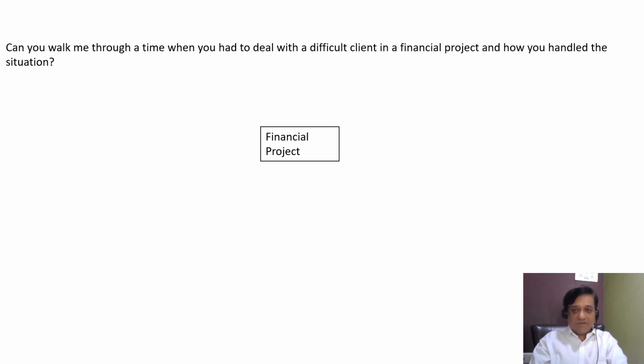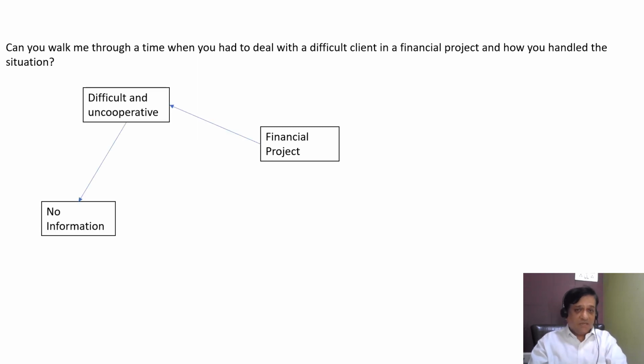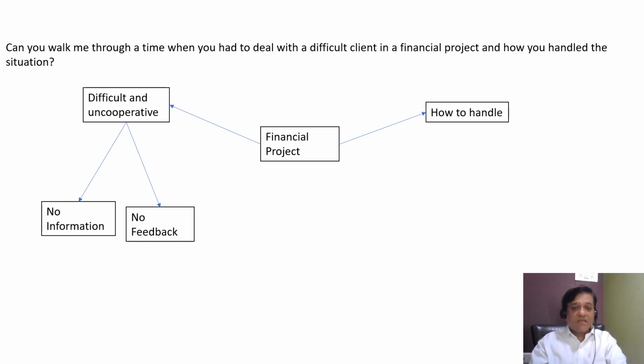So then in a financial project where you got a client who is not cooperating, he's not giving the information that you need, he's not giving the feedback that you need, and he's causing unnecessary delays and impacting your project timelines. How will you manage that, how will you handle that?